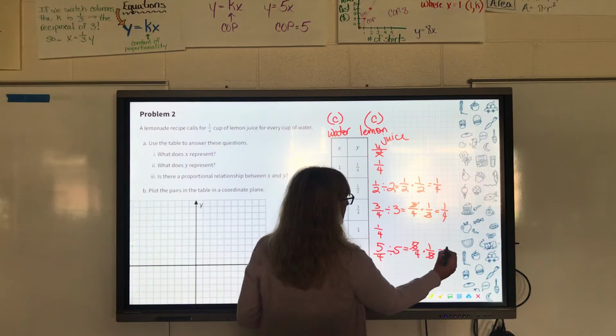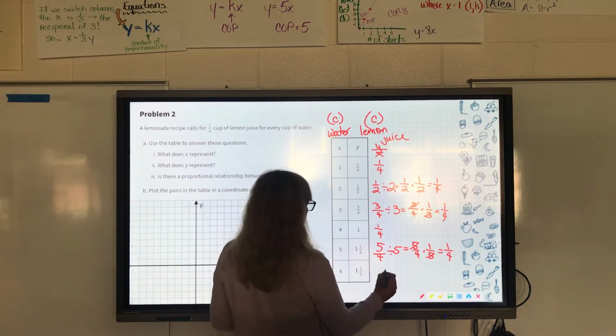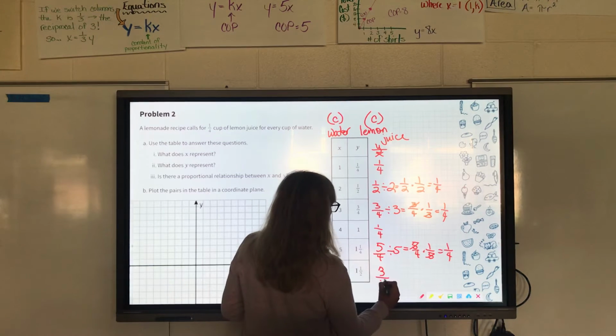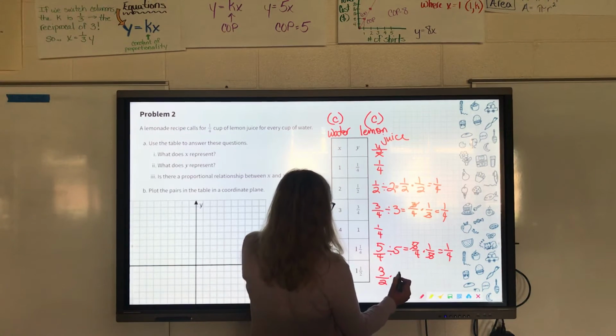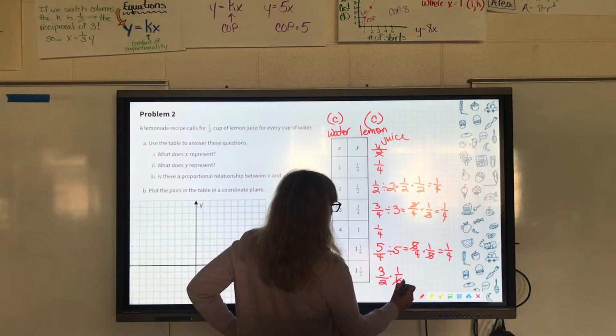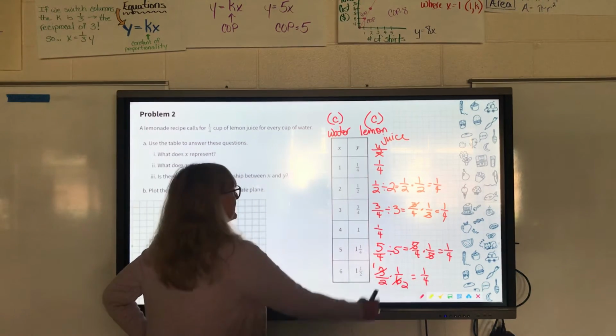Those cancel, so that gives me 1/4. And this is 3/2 divided by 6, so 3/2 times 1/6. That cancels, that gives me 2, that cancels, gives me 1. Oh, I got 1/4. All right, so is it proportional?